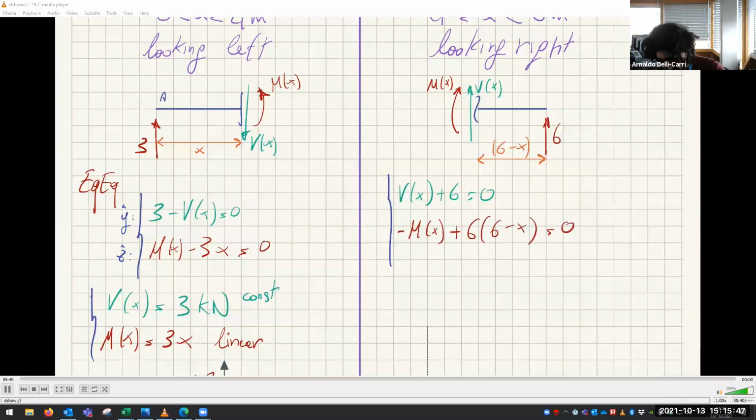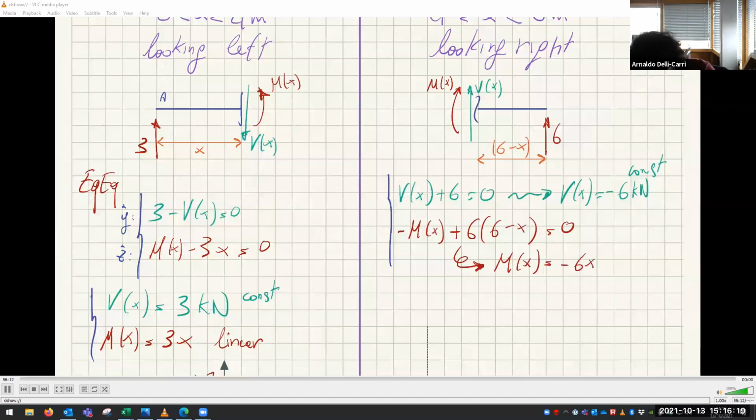If I rearrange this one, I get v of x is minus 6 kilonewtons, constant. And if I rearrange this one, m of x is minus 6x plus 36. And this is also linear. So it's the equation of a straight line.